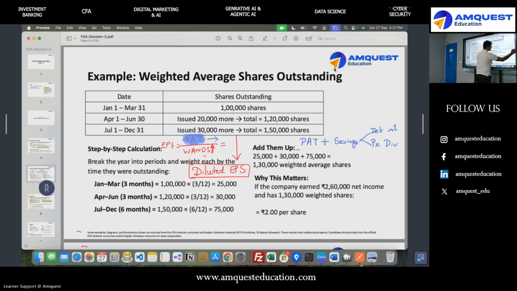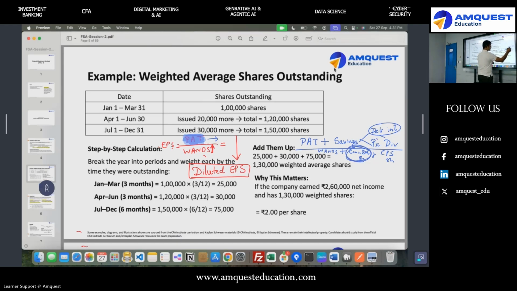And in the denominator, I will add to the WANOS, which I already had, the shares from the convertible debentures plus the convertible preference shares. So I will add the savings of debentures and add the shares from debentures.